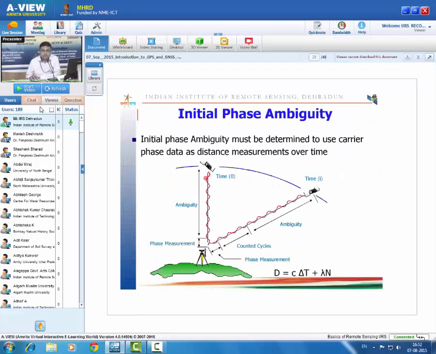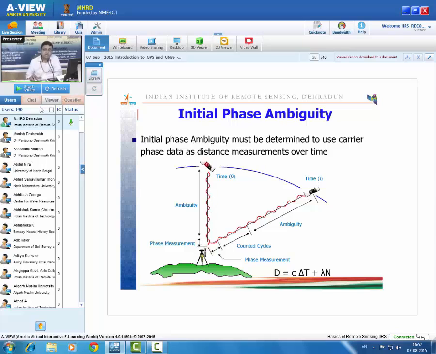So this complete number of wavelengths which are completed by the signal while reaching the receiver is known as ambiguity. So this distance from here to the satellite is lambda n, whereas the partial wavelength is this phase measurement. If we combine the two, we can get the exact distance between the satellite and the receiver.